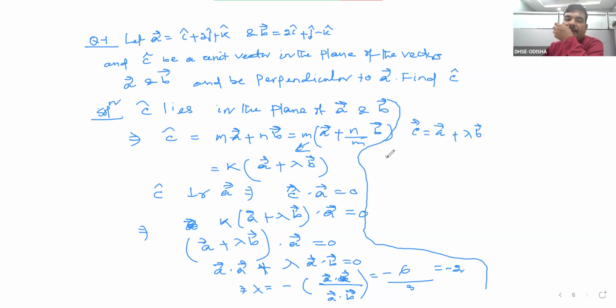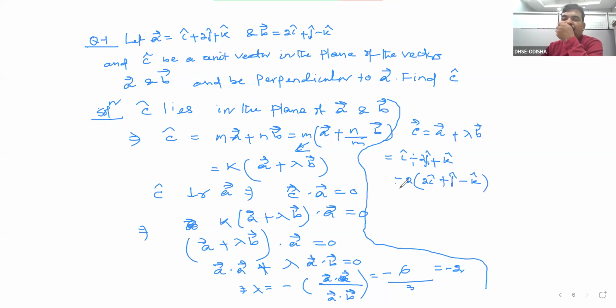This is equal to I cap plus 2j cap plus k cap. Lambda is minus 2 into 2I cap plus j cap minus k cap.